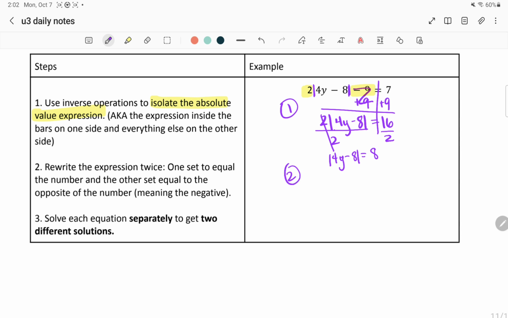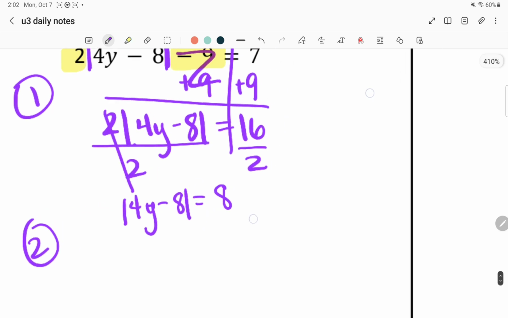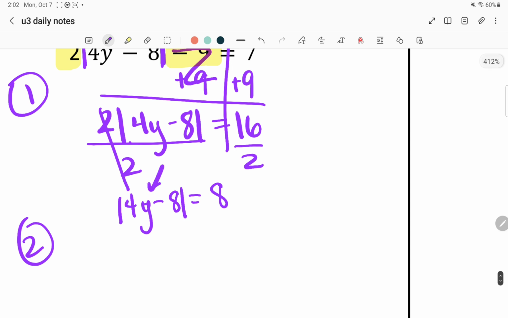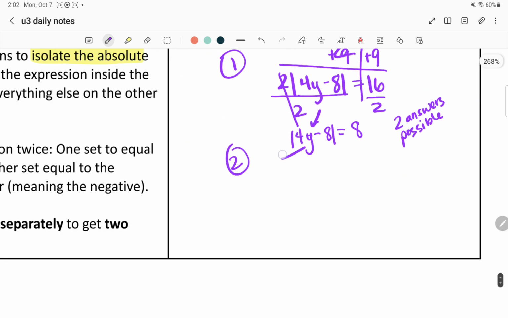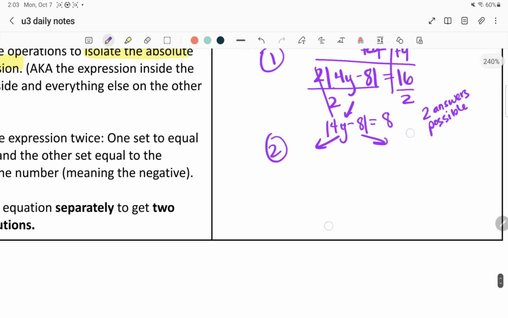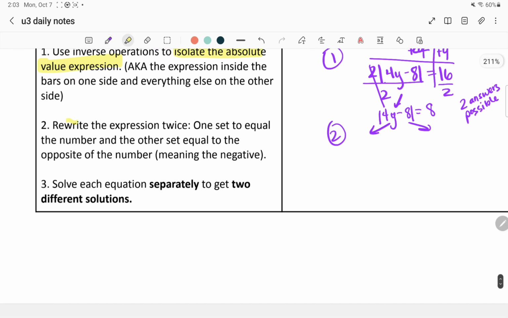Step 2 is where it gets a little silly. Remember, when I have a variable inside my bars, I can get 2 answers. So I need to account for that. How we're going to do that is we are going to rewrite the expression twice.